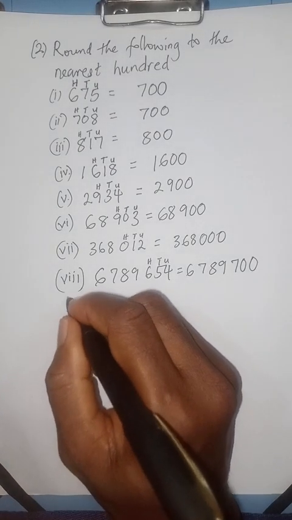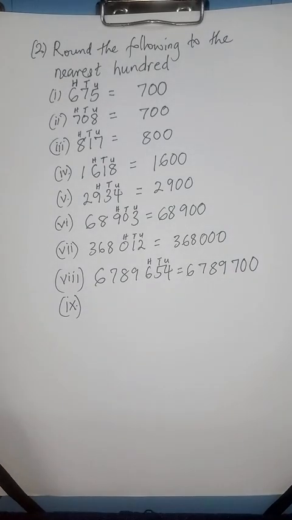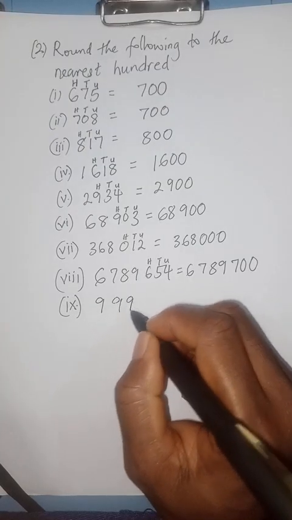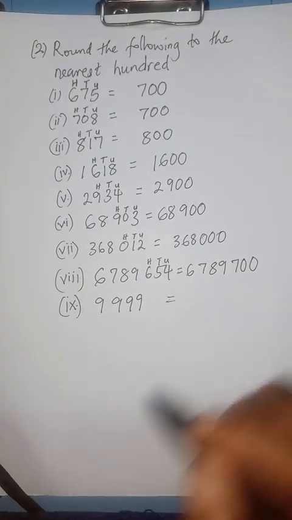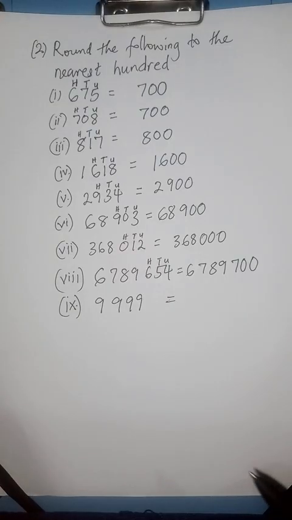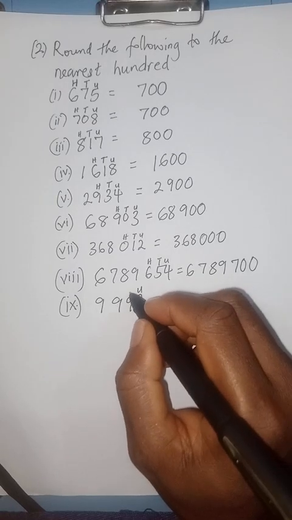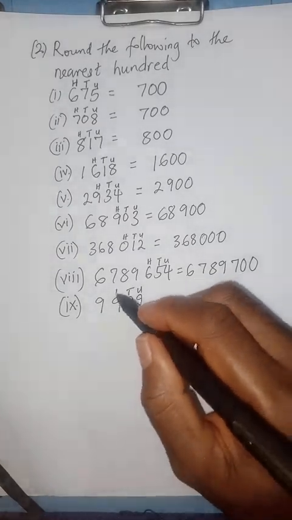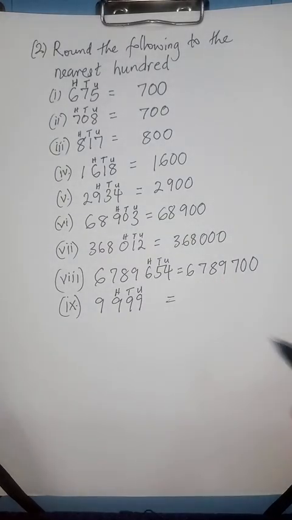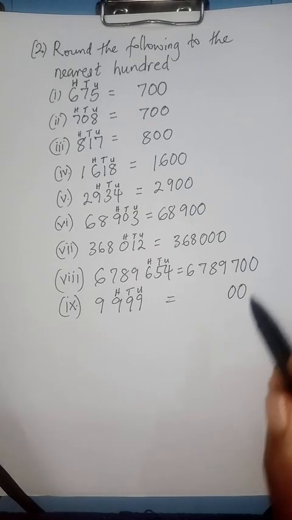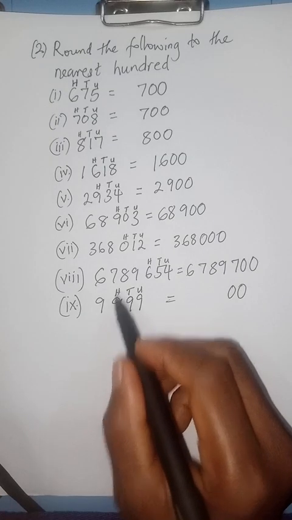Let's try Roman figure 9. Let's assume I have 9,999. And to round this number to the nearest hundred, this is my units or my ones, this is my tens, and this is my hundred. So what do I do? I convert the unit to 0. How about the tens? The tens is 9, so I can round up, convert it to 0, and add 1 to the digit on the hundred.